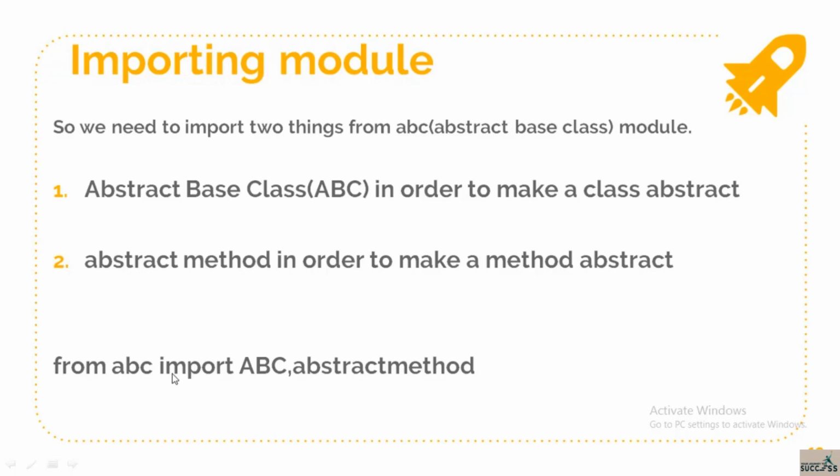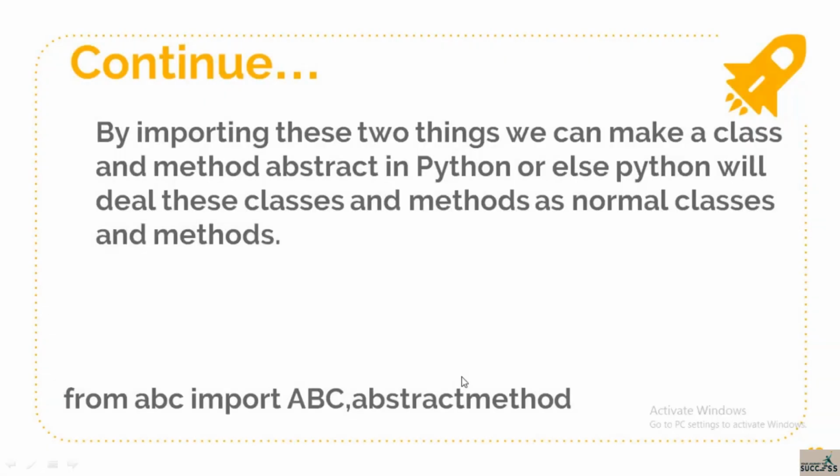So from the ABC module, we are importing ABC and abstractmethod. By importing these two things, we can make a class and method abstract in Python, or else, as I have told you, Python will treat these classes and methods as normal classes and methods.